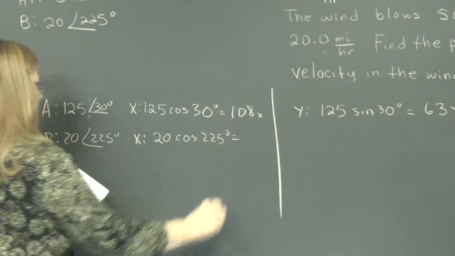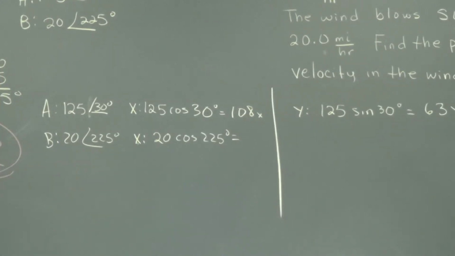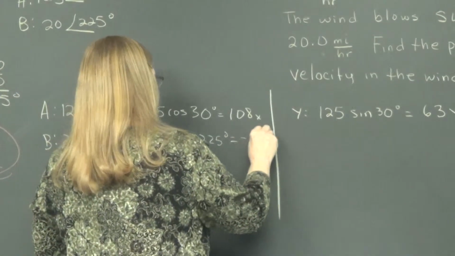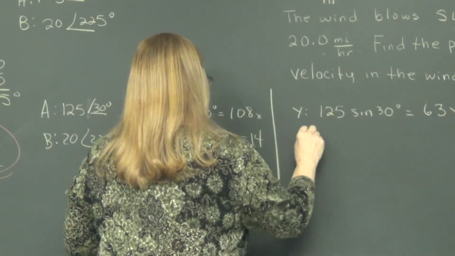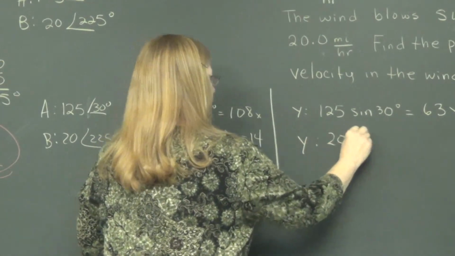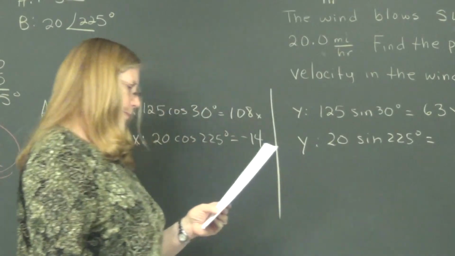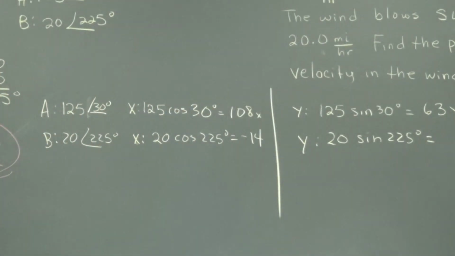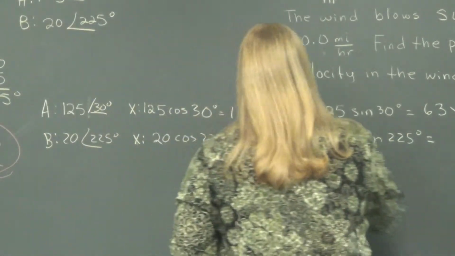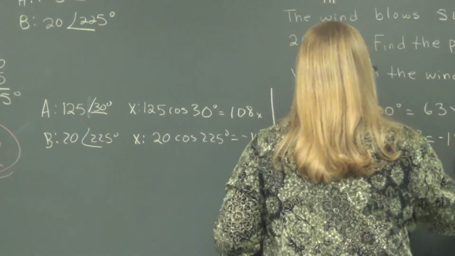And calculate that, please. Negative 14. All right. Y, Emily number 3, 20 sine 225. And what is it? 14. All right. So I'm marking that with a Y.